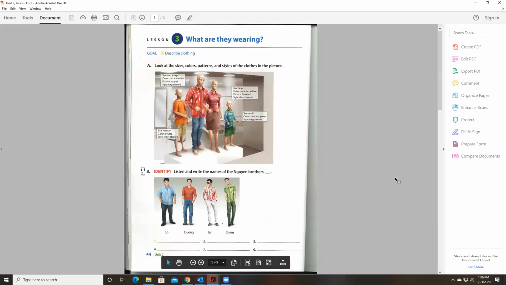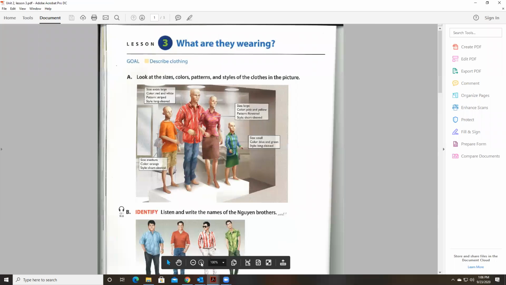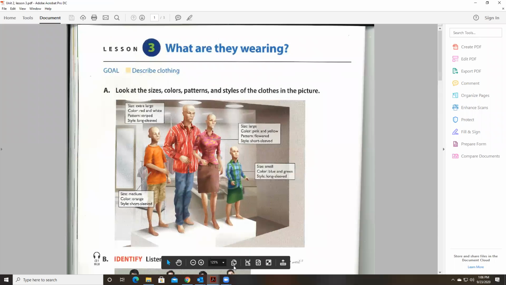Okay, so unit 2, lesson 3 is called What Are You Wearing? In this lesson, we are going to describe clothing. I'm going to zoom this in a little bit. Let's look at A. It says, look at the sizes, colors, patterns, and styles of the clothes in each picture.